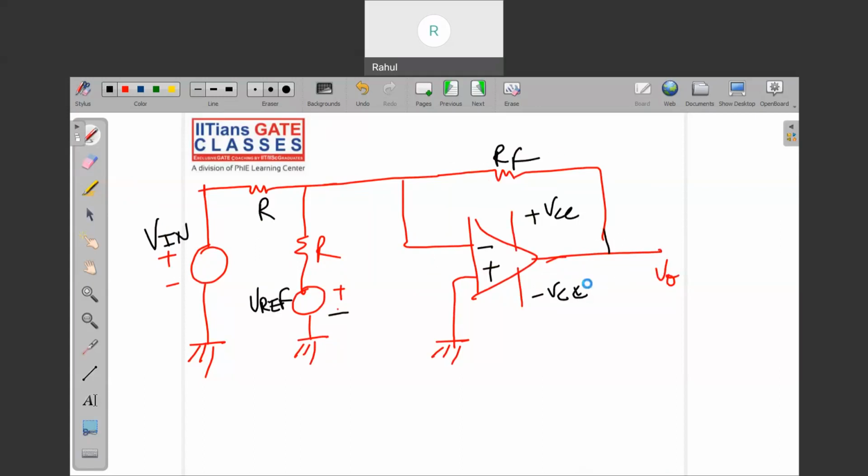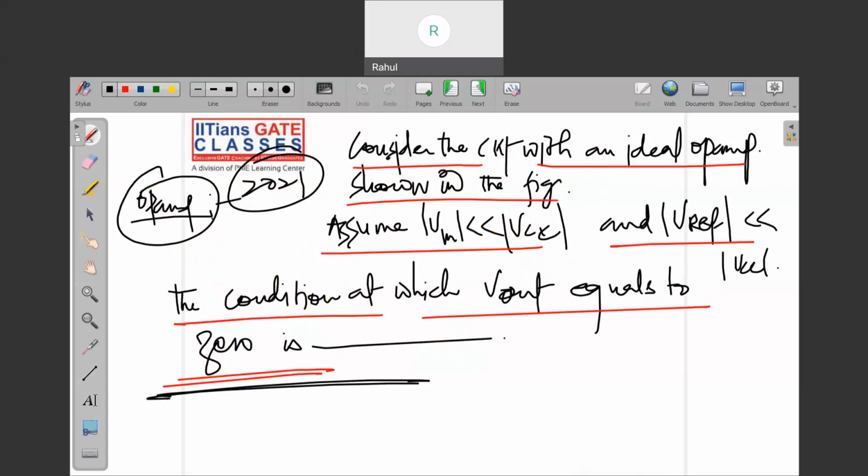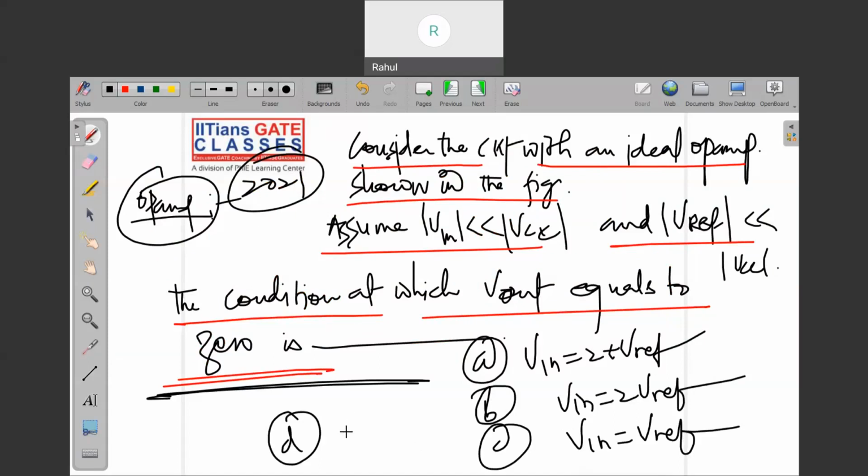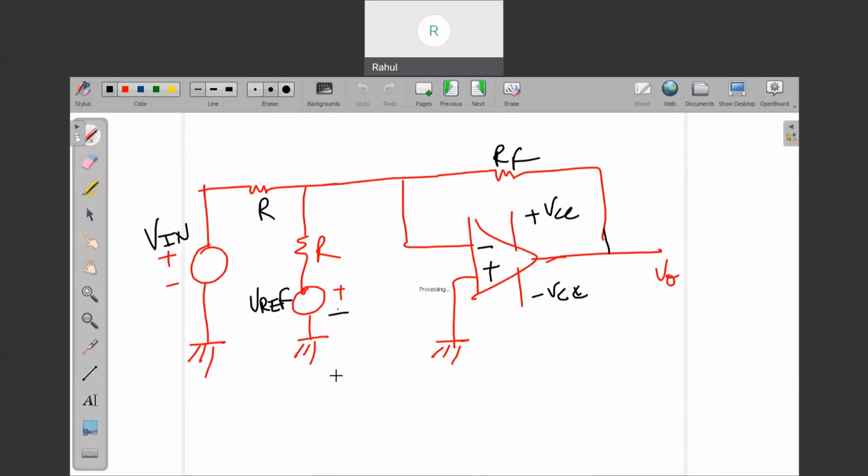Option A is V in equal to 2 plus Vref, option B is V in equal to 2 times Vref, option C is V in equal to Vref, and option D is V in equal to 0.5 times Vref. So these are the 4 options given, and this is the question.